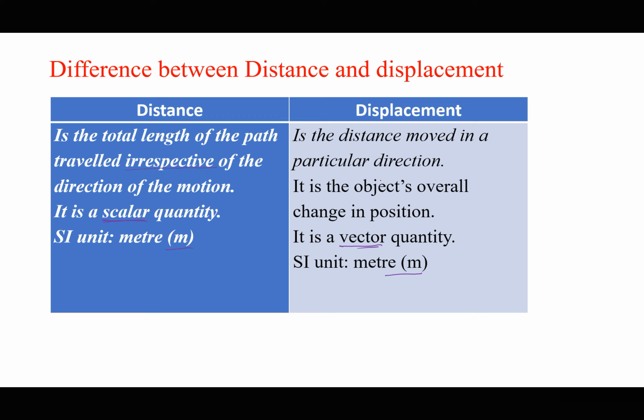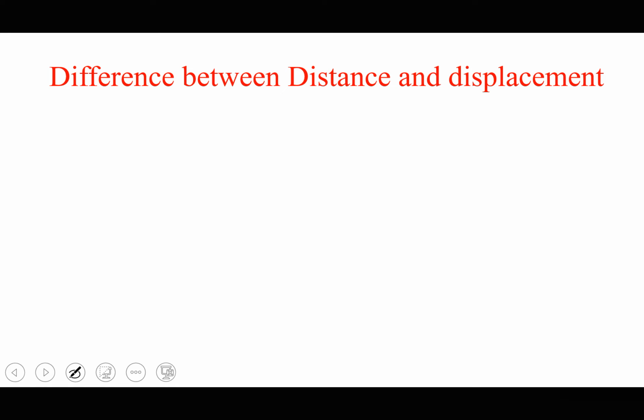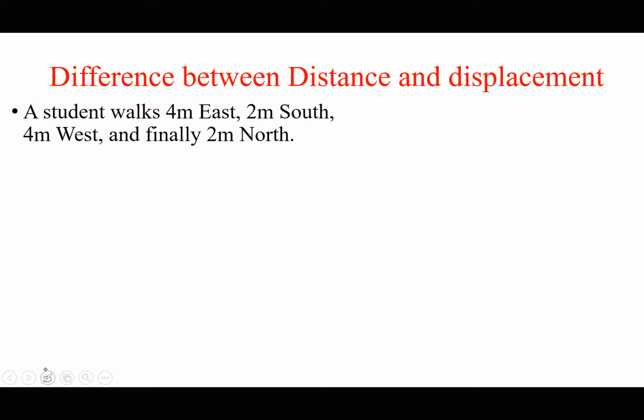To understand the difference more, let's use a simple example. Let's think of a situation where a student walks, say, 4 meters east, 2 meters south, 4 meters west, and finally 2 meters north.